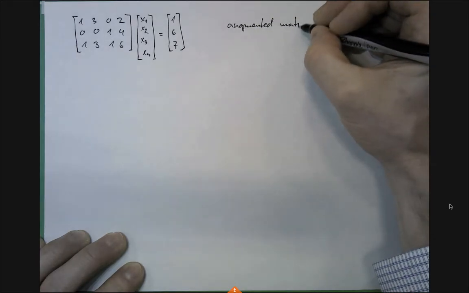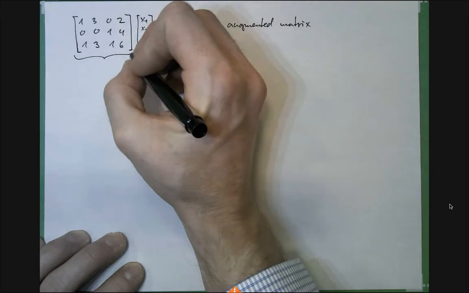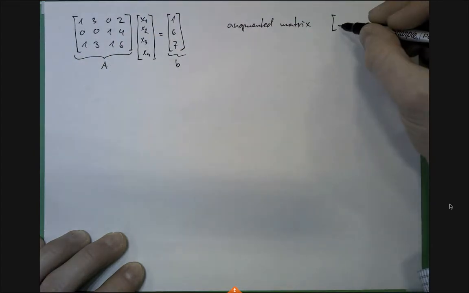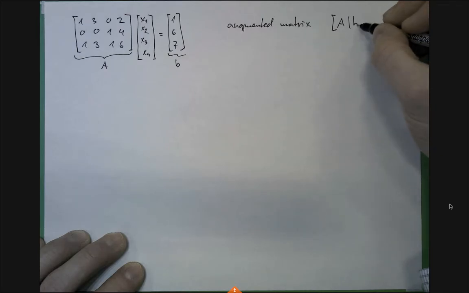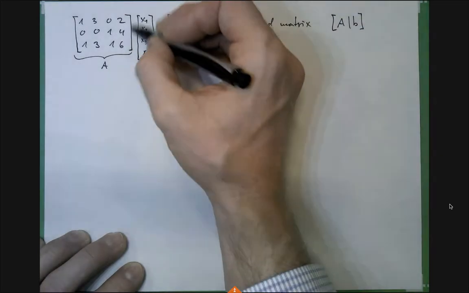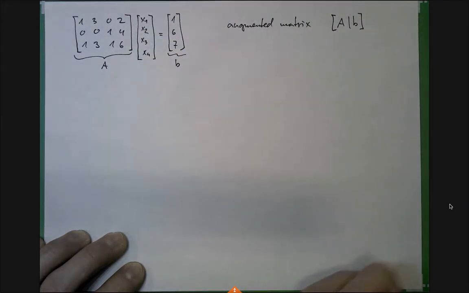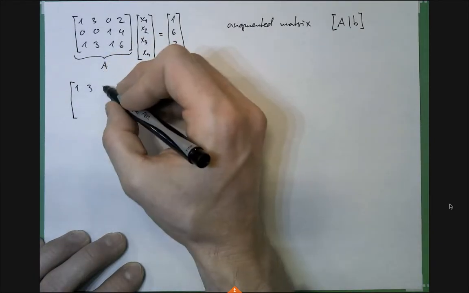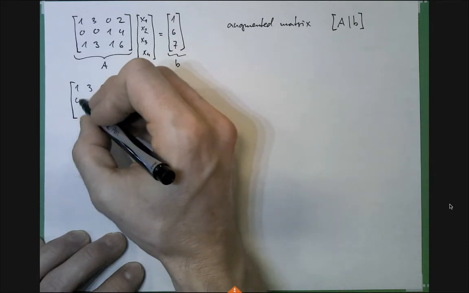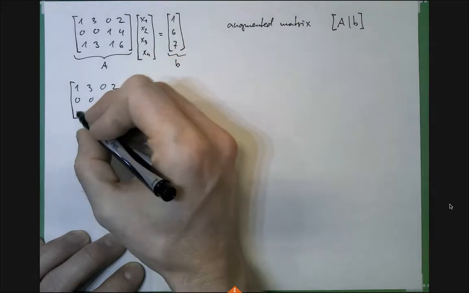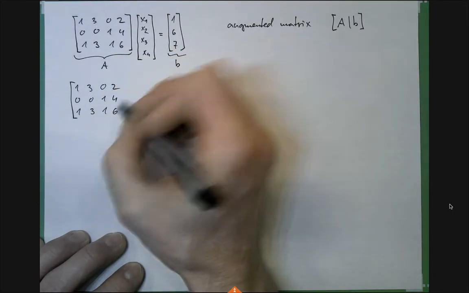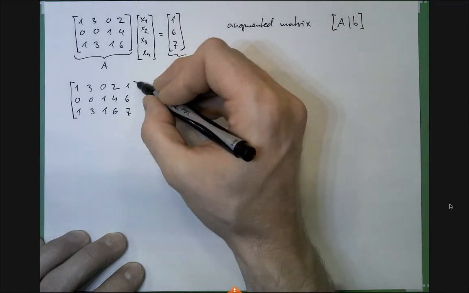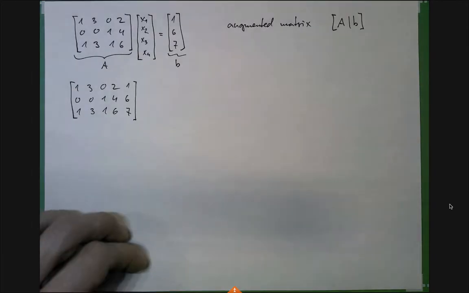If I call this A and this B, this is nothing but stacking the right-hand side as an extra column of the matrix. In this case, the augmented matrix would be no big deal. Just copy the matrix and put the 1, 6, 7, the right-hand side, the B vector, as an additional column of the matrix, okay?